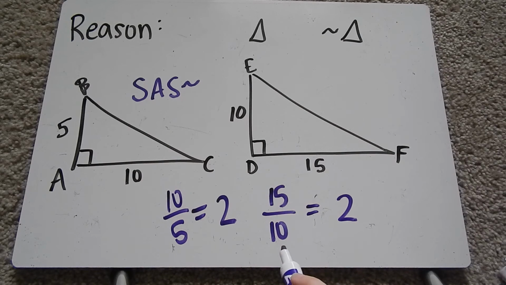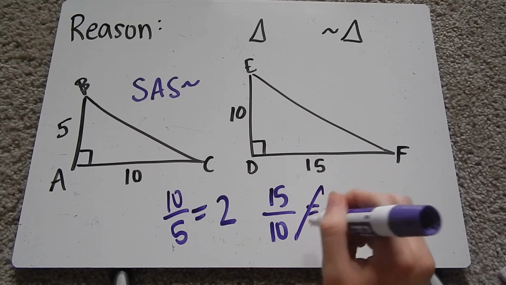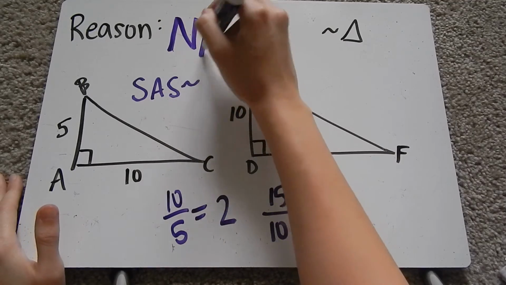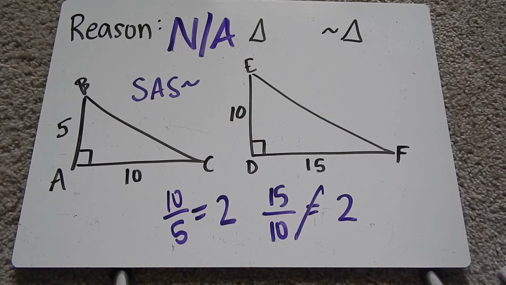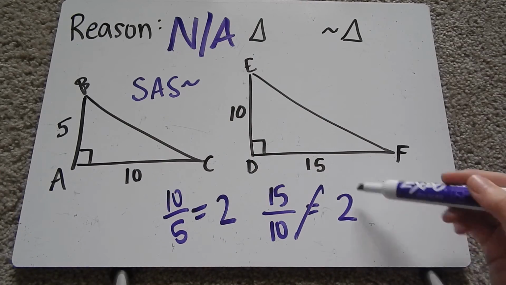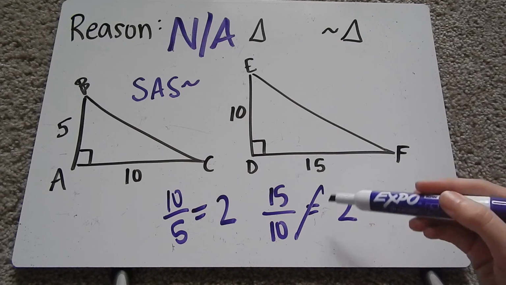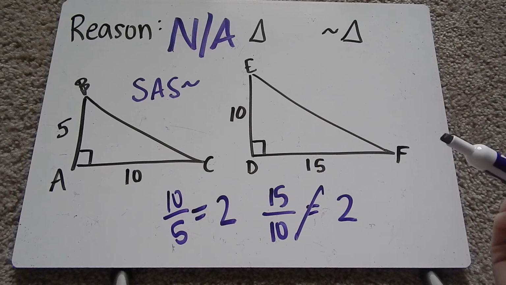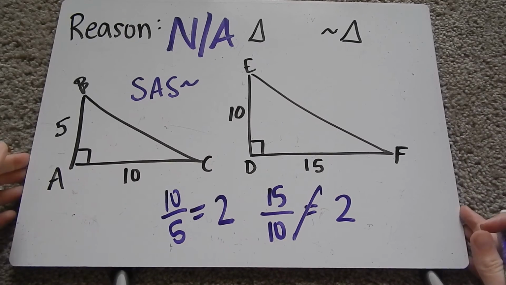Well, 15 over 10 is actually 1.5, so that is not equal, which means these are not similar triangles. If this proportion happened to equal 2, then that would give me side-angle-side similarity, but it doesn't.